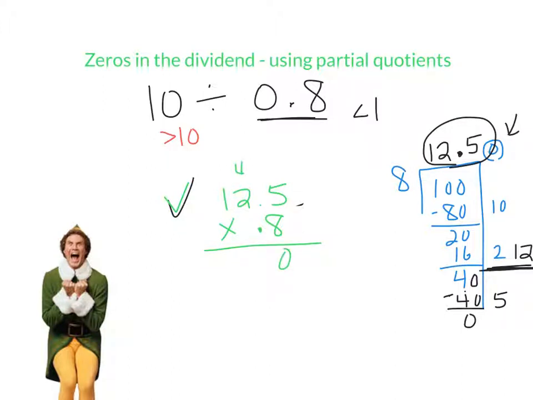Now remember, we're going to put our ELF numbers here. So we have 1 here, and we have 1 here. Okay, we have 8 times 2 is 16 plus 4 is 20, carry 2. And then we have 8 times 1 is 8 plus 2 is 10. So remember, we had an ELF number here and an ELF number here for a total of 2. So I've got to move my thing over 2. So it works. So this is the answer. 12 and 5 tenths is the answer.